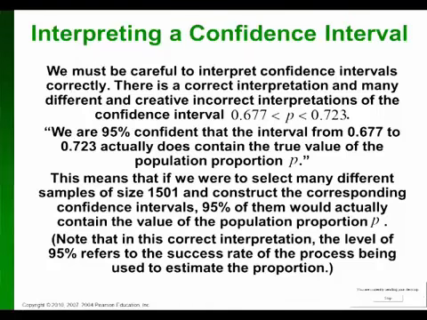If you only tell me I have to be 90% confident, then I can give you a smaller interval. If you tell me I have to be 99% confident, then I'm going to have to give you a bigger interval.